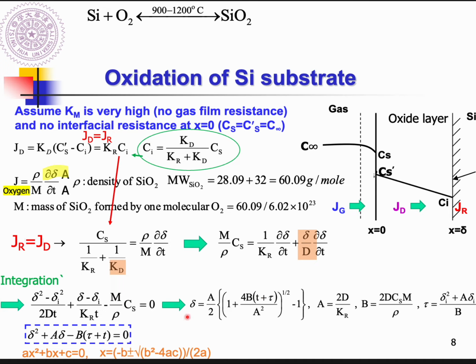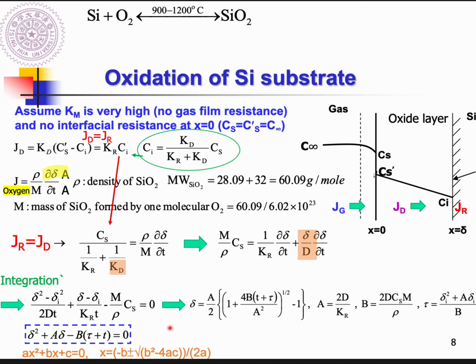So we have the thickness of silicon dioxide as a function of time, and also A is related to diffusivity divided by Kr, and B is related to diffusivity, Cs, M, and rho. And tau is related to the initial thickness of silicon dioxide layer, plus this and this.